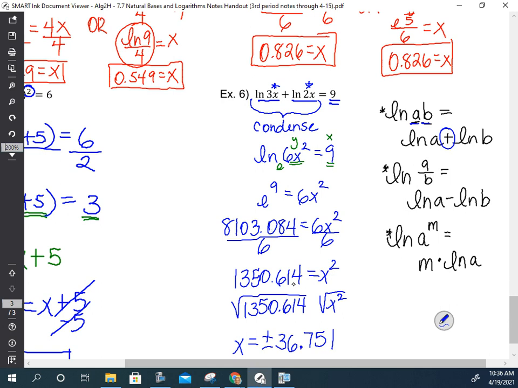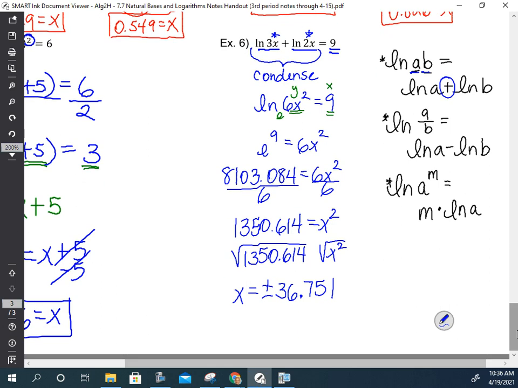Do not be so thirsty to draw a box around that answer, because one of those doesn't work. One of these two answers doesn't work because one of them can't work.